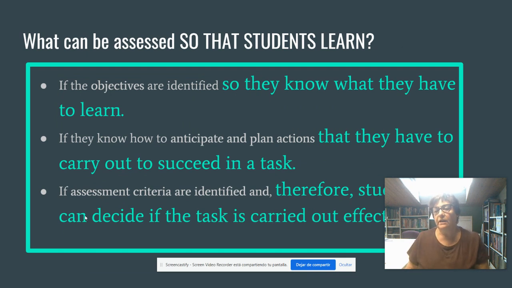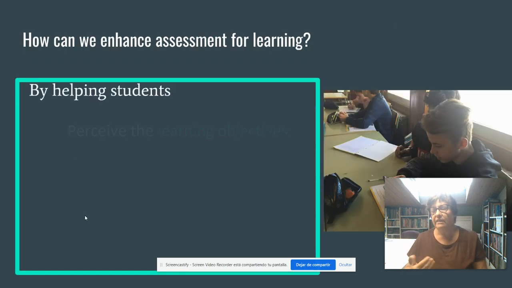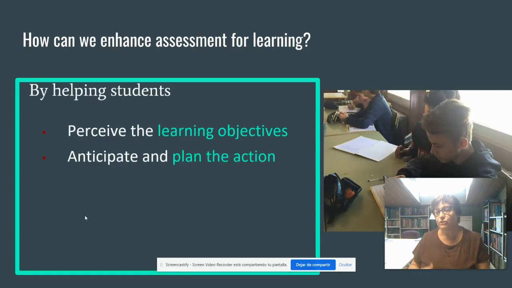So what can we do in order to assess students formatively? How can we help them learn? So experts talk about these three things, and in fact, I would add two more. I think that the best thing to do is we have to share the objectives at the beginning of the unit, for example, of the school year.